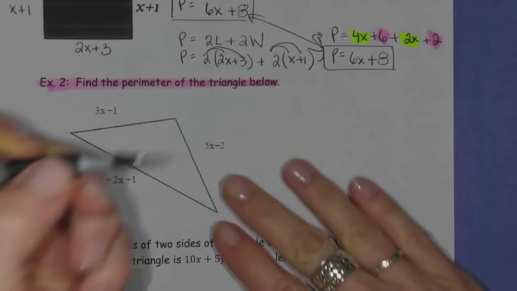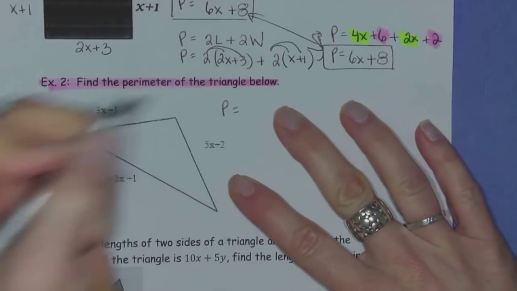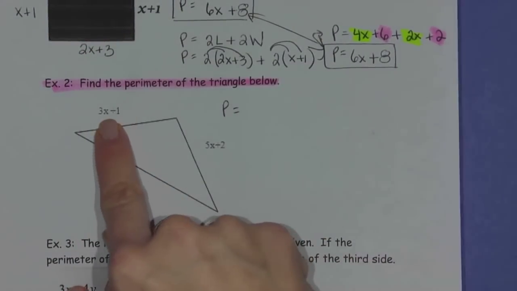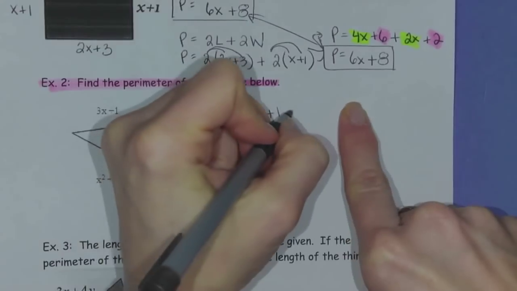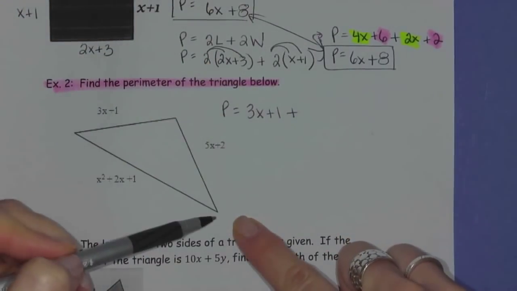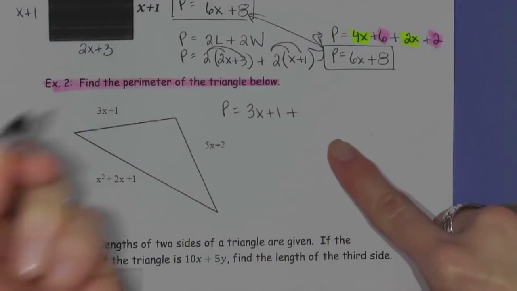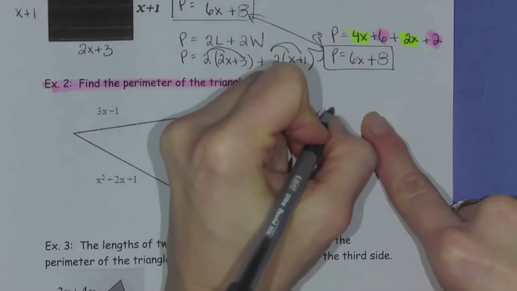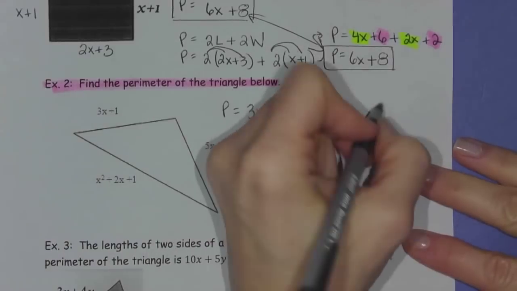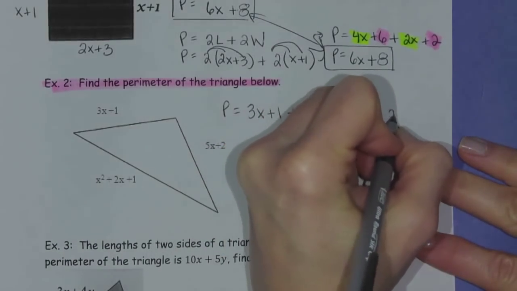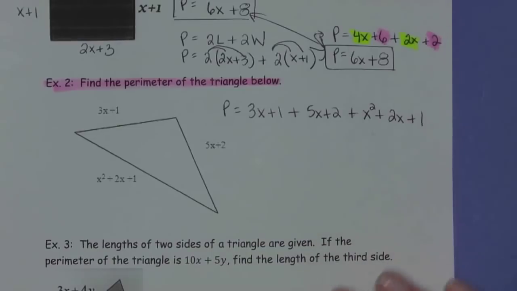So for this one, the perimeter P will equal 3x plus 1 plus this side right here, 5x plus 2, plus this final side here, which is x squared plus 2x plus 1.